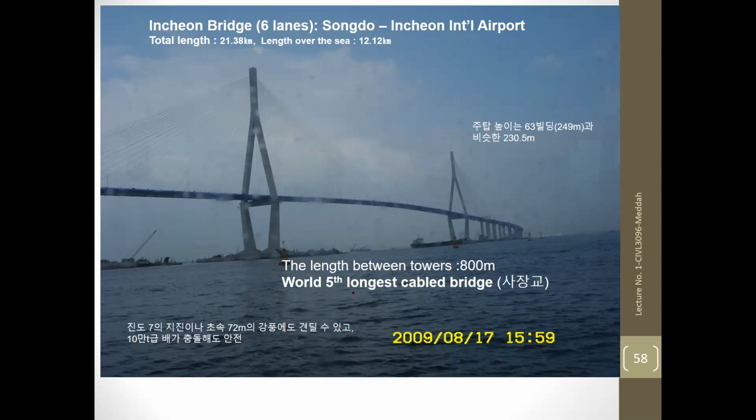The rest, of course, is on the land. Overall, it is one of the longest bridges in the world. So this is also another example of the use of metals in construction, mainly to make bridges.